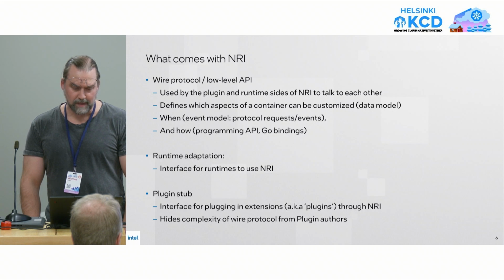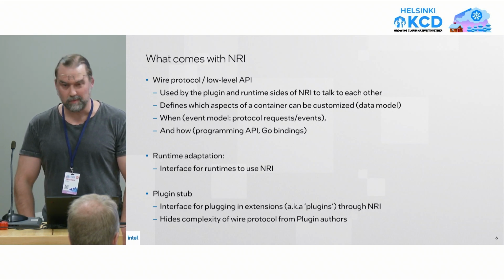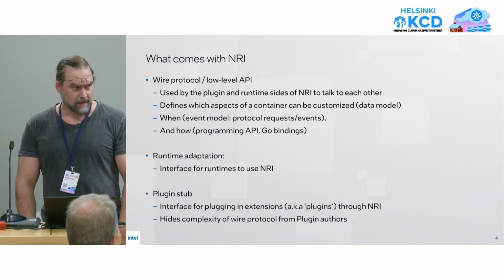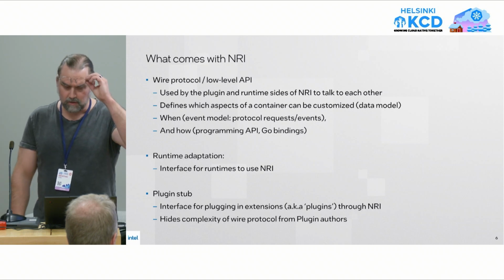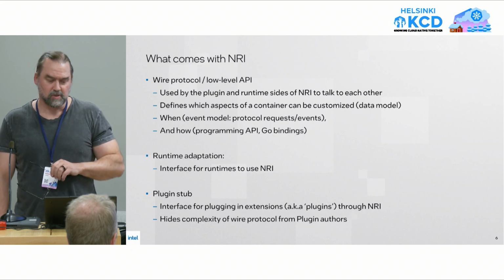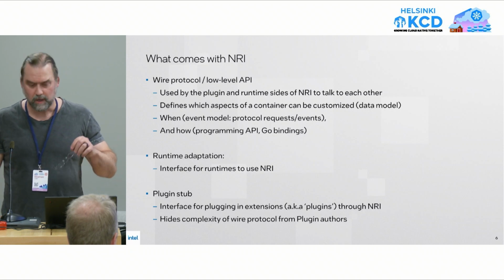It also provides a higher-level convenience layer than the low-level API to make it easier to use and approachable. And it also contains a big bunch of boilerplate code, the code which is required for a functional NRI plugin but is common to all plugins, so the boring details.